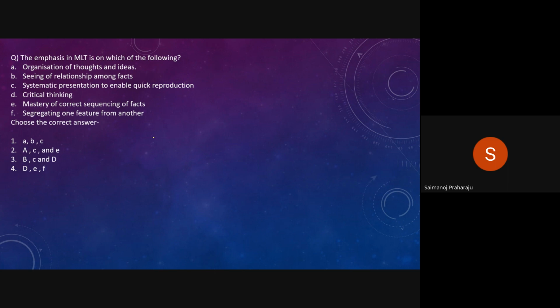Second option, ma'am. I have told you about the elimination method. So why are you saying second option? You have to answer on your own. This is what? Memory level of teaching.